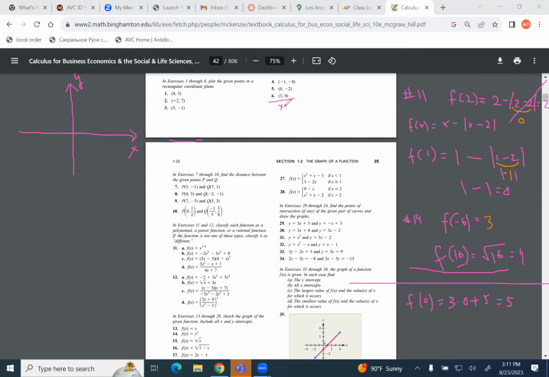And what's important to realize is that those points are so-called ordered pairs x and y. So 3 is for x and 0 is for y. So this point is going to sit right here where 3 is. So that's going to be right here someplace, and that's the position of that point.